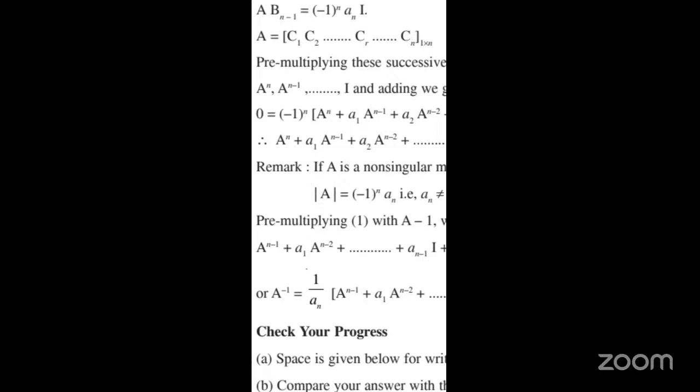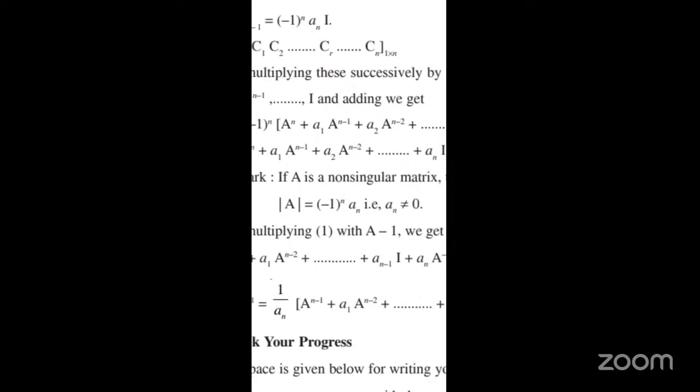Now to find the A inverse, that is A power minus 1, the determinant of A equals minus 1 whole power n of an, where the coefficient an is not equal to 0. Because the given matrix is a non-singular matrix, determinant of A is not equal to 0. Already the expression is A into adjoint of A equals determinant of A into I.